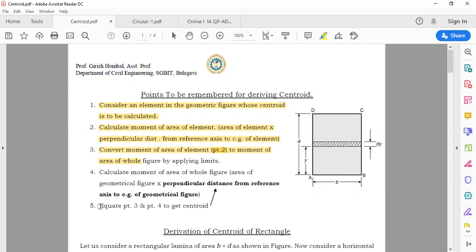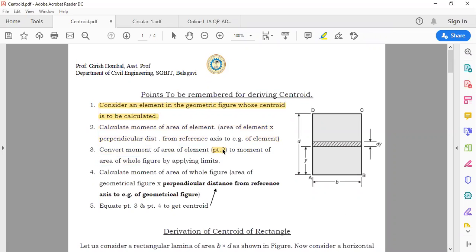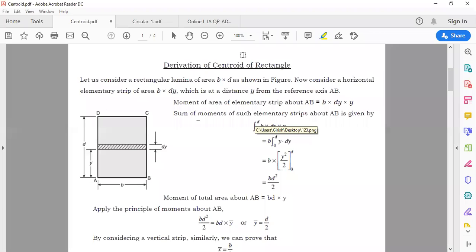So next you're going to equate point 3 and point 4 in order to get the centroid. So these are the simple 5 points you're supposed to remember. Now once we start with the derivation, you will clearly understand it.